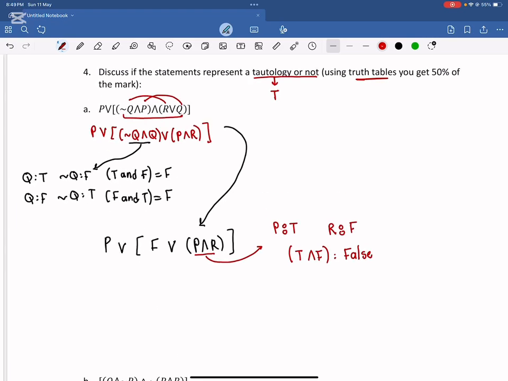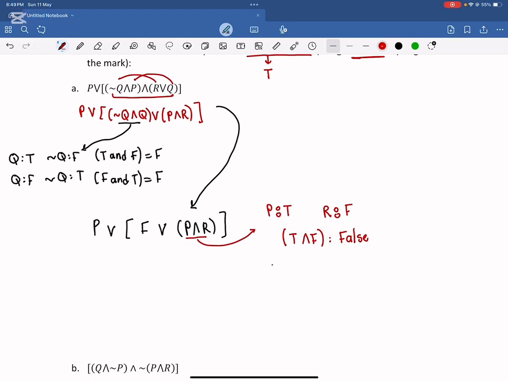Okay, but if P was false and R was true, false and true is also false. Okay, now if P was false and R was false, false and false is false.